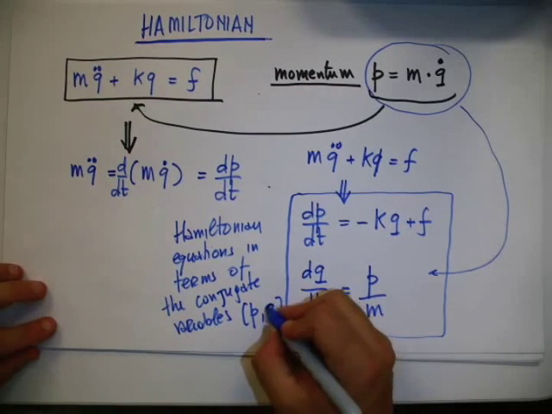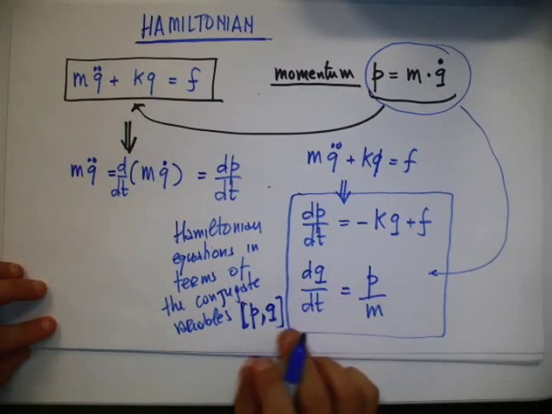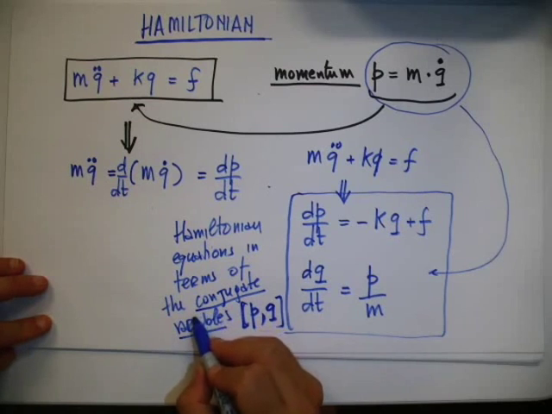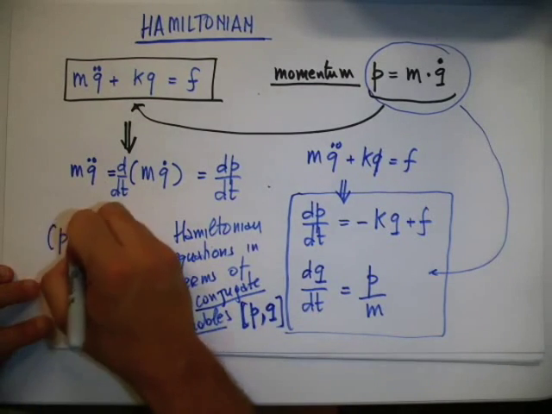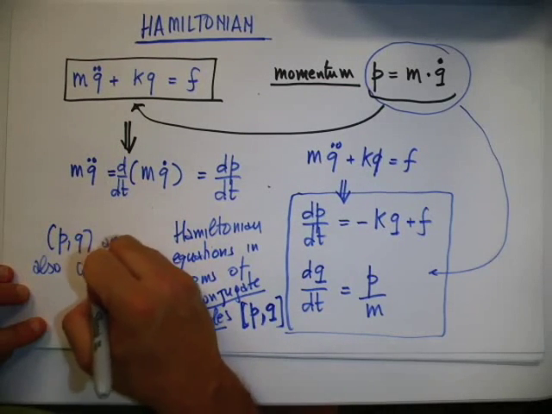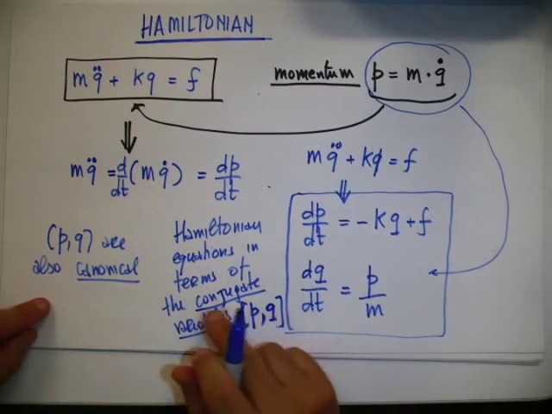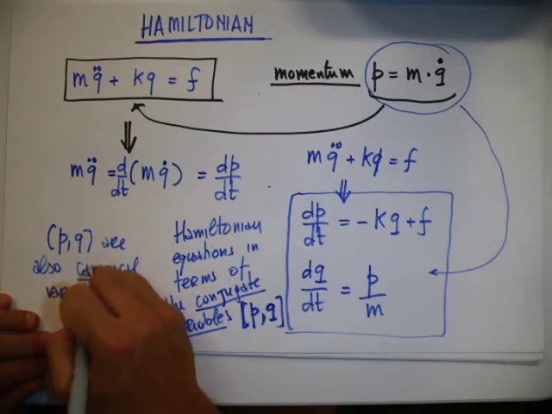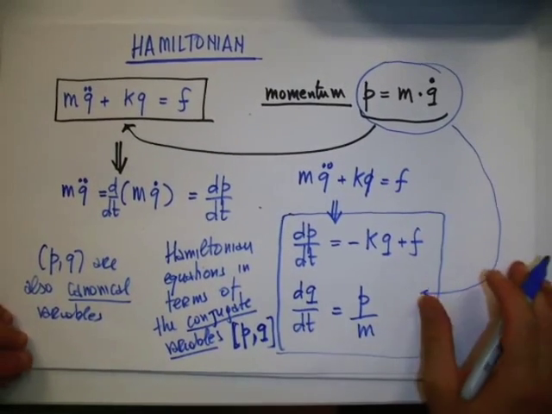We will understand now what is so special about these two variables. We have to understand what it means to be conjugate, and also that p and q are canonical. So we have two concepts, conjugate variables and canonical variables, which mean the same thing.